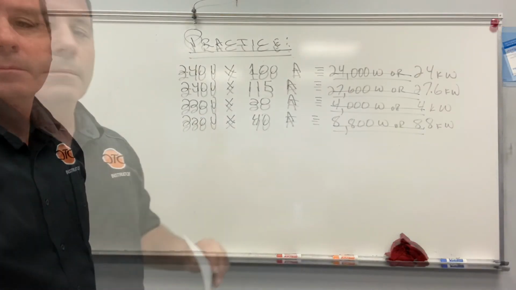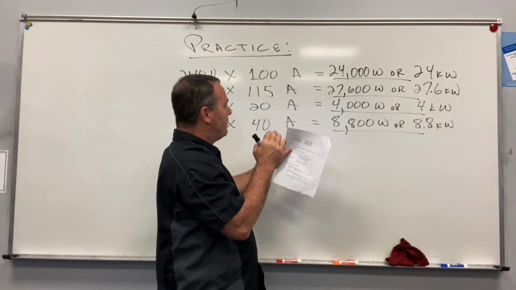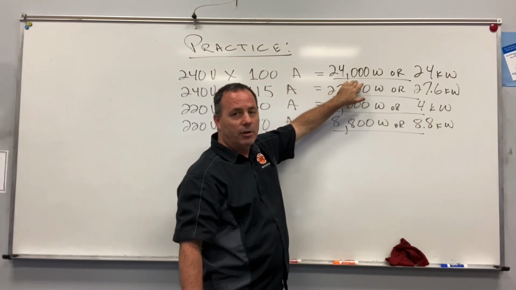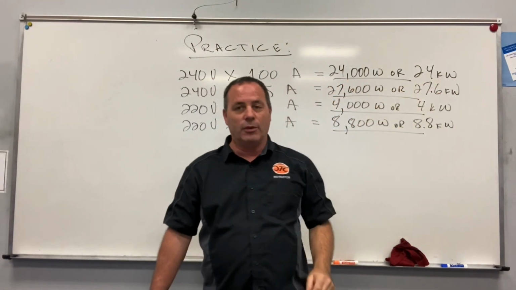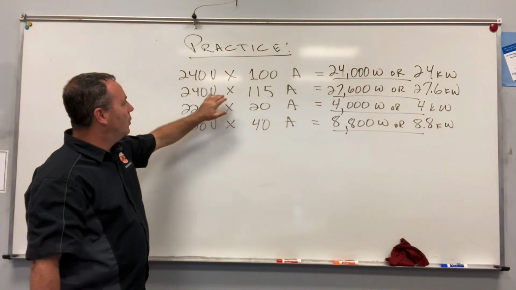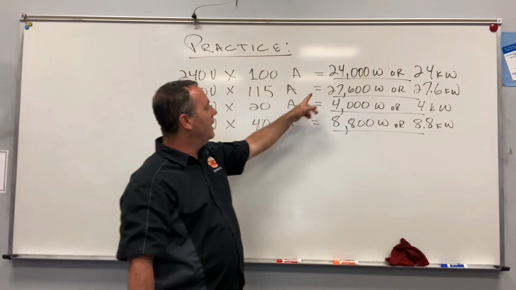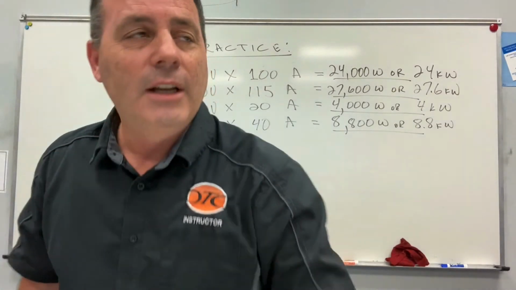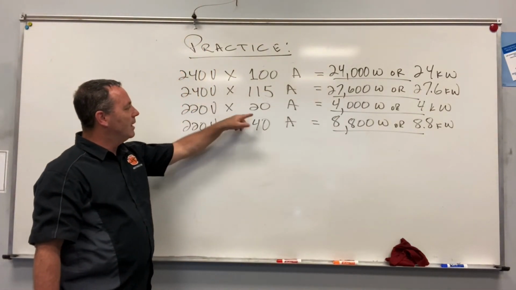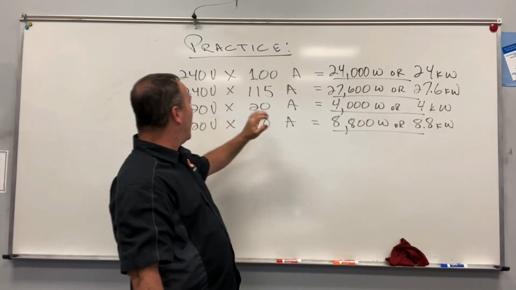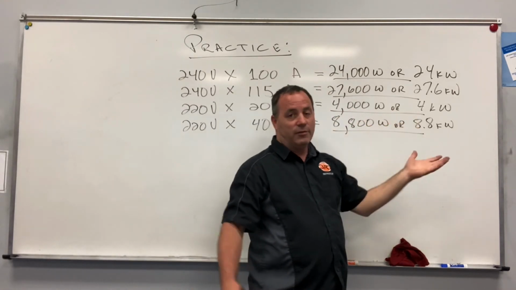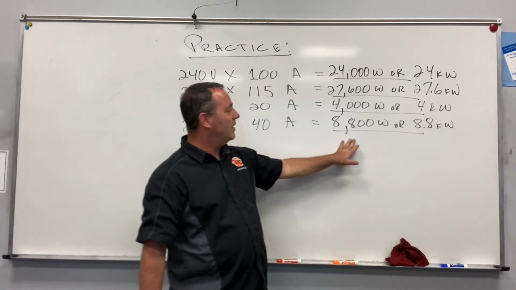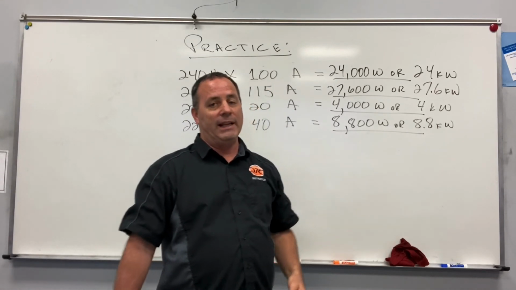Bam, here's your answers. So what we have for the first one, 240 volts times 100 amps equals 24,000 watts, written as 24 kilowatts. 240 volts times 115 amps equals 27,600 watts, or 27.6 kilowatts. 220 volts times 20 amps equals 4,400 watts, or 4.4 kWs. 220 volts times 40 amps equals 8,800 watts, or 8.8 kilowatts.